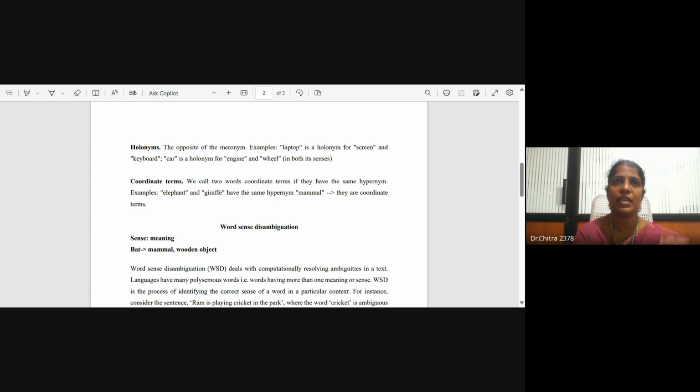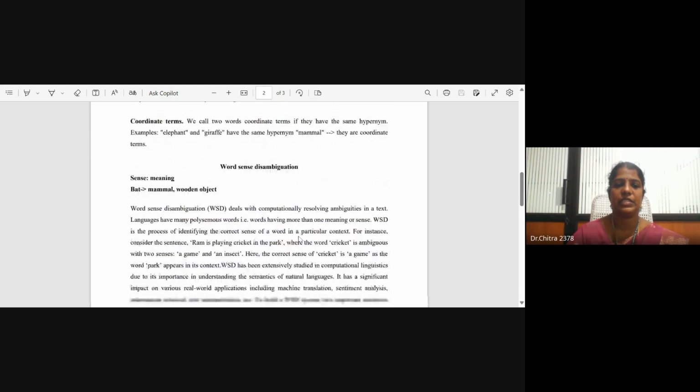So place and river bank are mapped, and the bank refers to a place where we can play. This can be identified with the help of this tool, word sense disambiguation. This is also one kind of NLP tool that is used to find the ambiguity in sentences, resolve it, and map the correct sense to the words within the sentences.